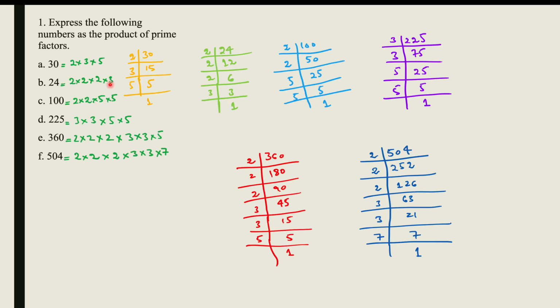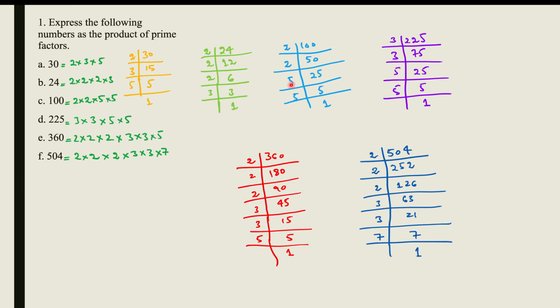Next we have 100. Again we start with the smallest prime, that is 2. 2 multiplied by 50 is equal to 100. 2 multiplied by 25 is equal to 50. Now 25 is not divisible by 2 or by 3, because even if we divide it by 3 we get a non-whole number, something around 8.3, like this.